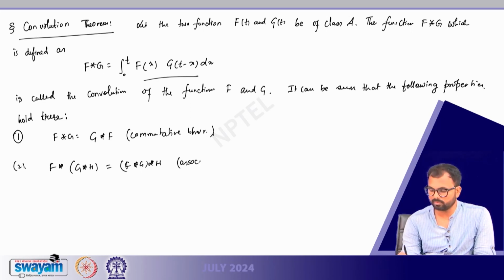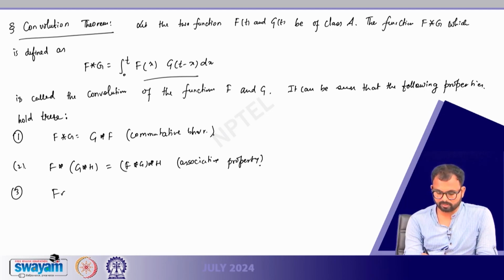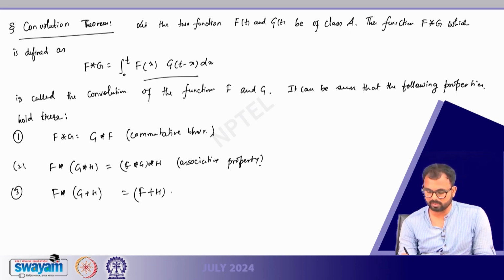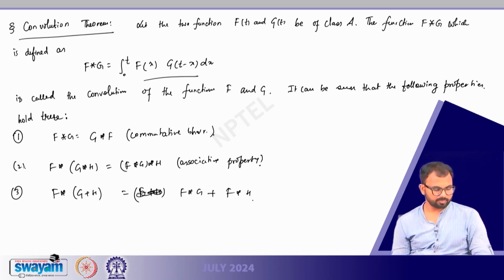This is the associative property. The third one is f star (g plus h), which is equal to f star g plus f star h, right.